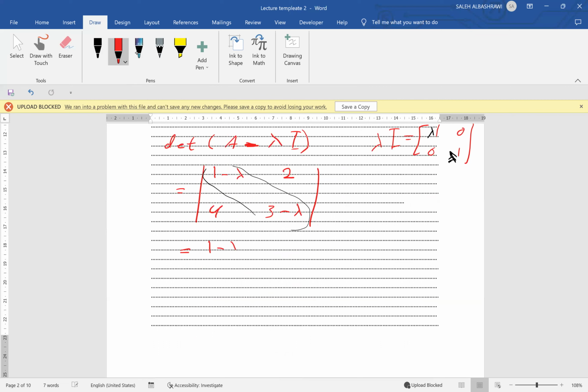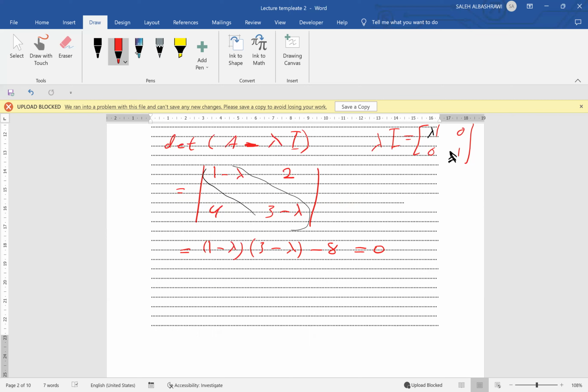1 minus lambda multiplied by 3 minus lambda minus 8, and this must be equal to 0. Open the bracket and try to find the solution for this characteristic equation.